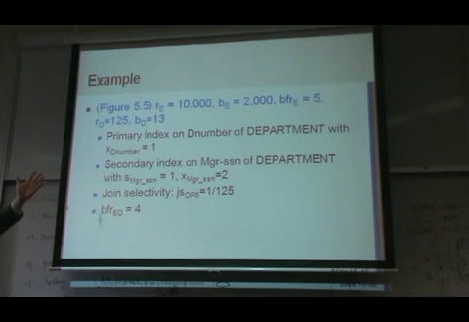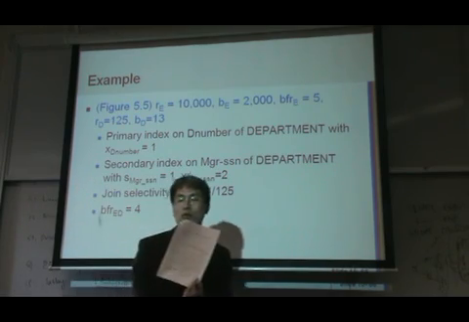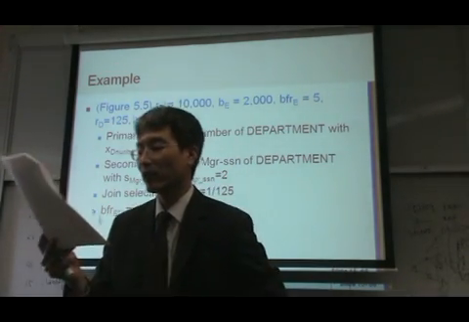How many blocks? 13 blocks for the department, 2,000 blocks for employee, and the blocking factor is 5. We have the primary index on D number in department, with x for D number being 1. Secondary is the same as the handout information. One more thing is we have the join information. Join information is already collected.